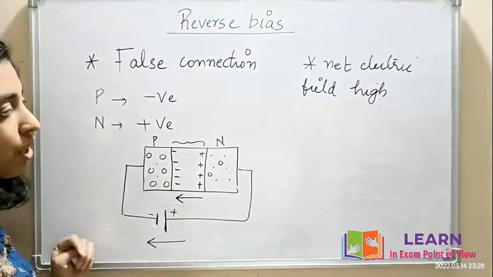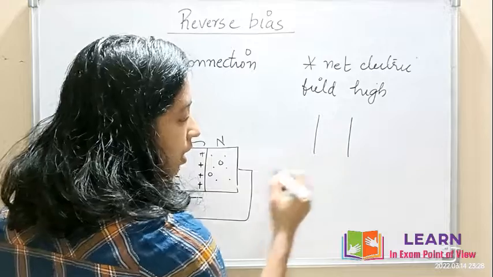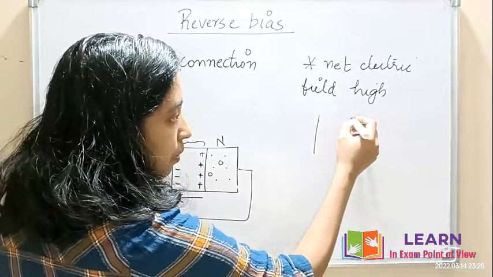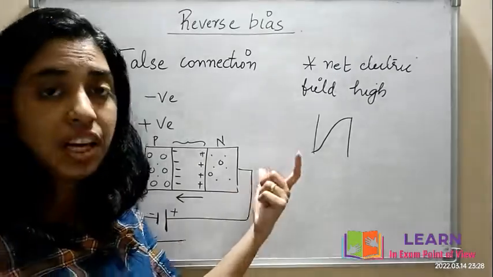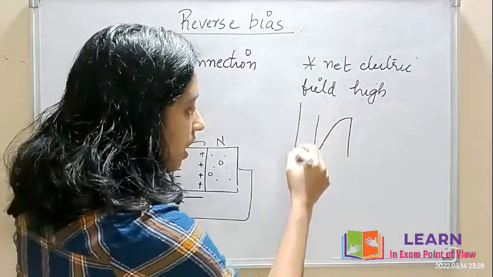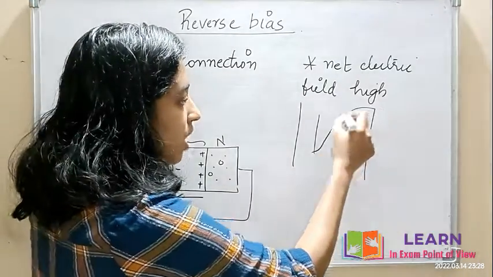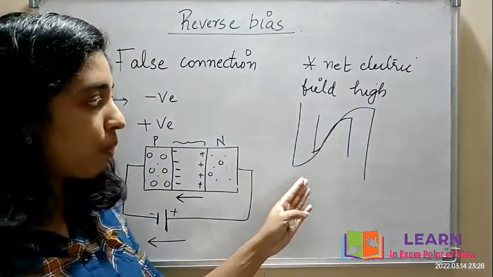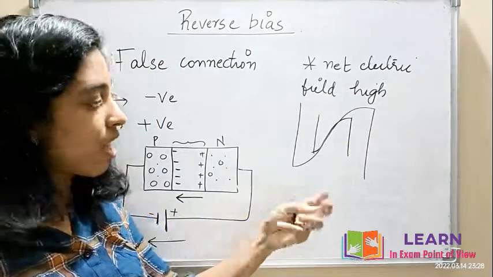If the net electric field is high, that is, if initially the depletion layer, the potential barrier was like this, when electric field is high it means the depletion layer widens. Then the potential barrier will be high, right? Potential barrier increases.